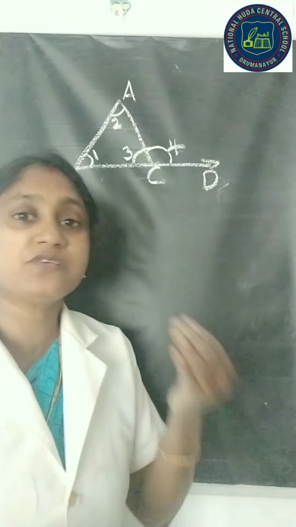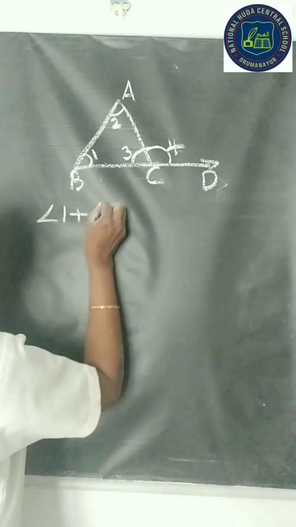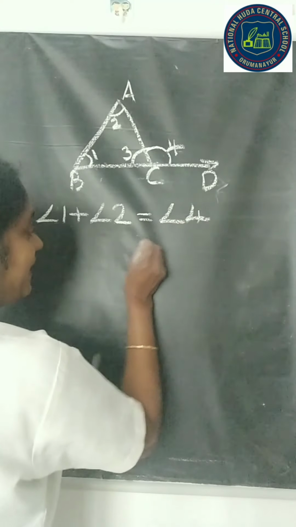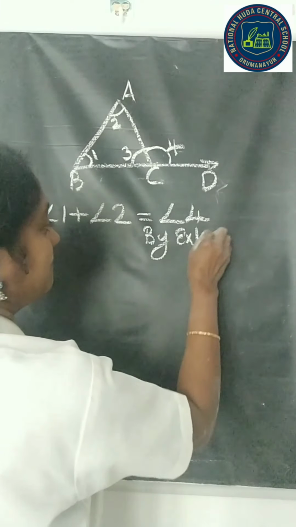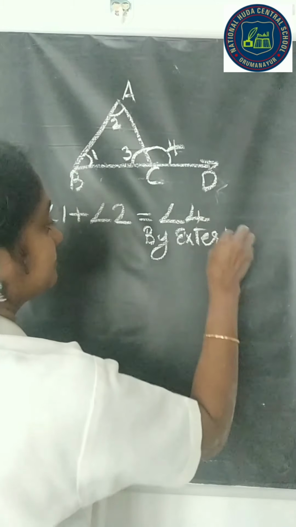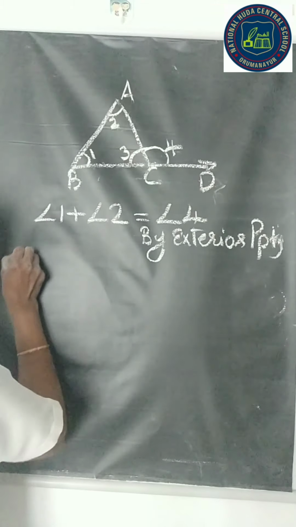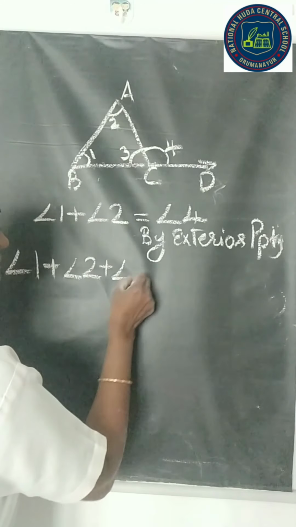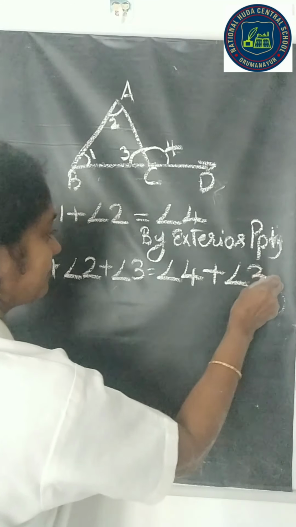And we know the exterior angle property. So according to the exterior angle property, angle 1 plus angle 2 is equal to angle 4. Now we are going to add angle 3 on both sides: angle 4 plus angle 3.